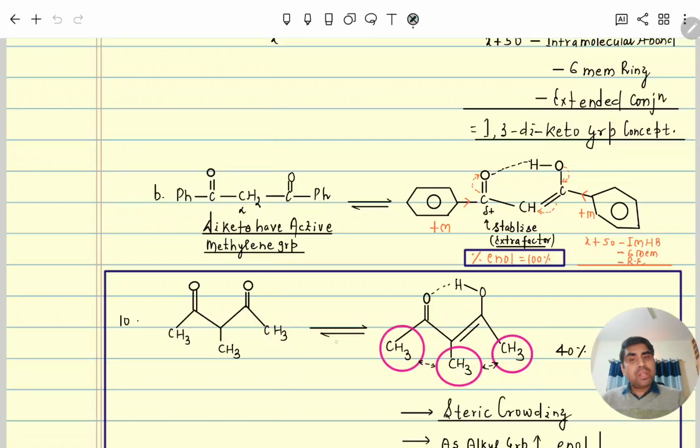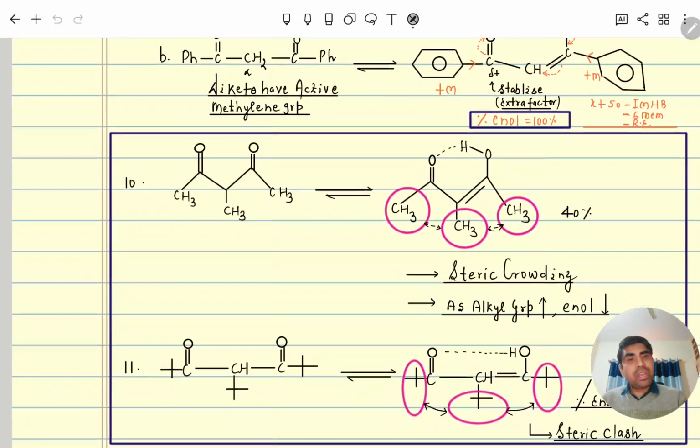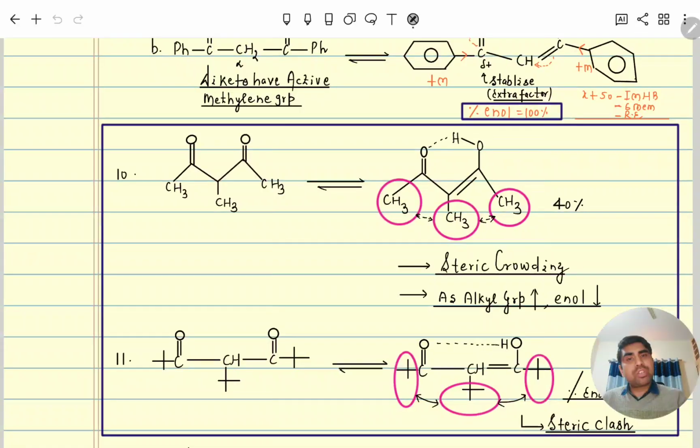Now coming to some special cases where the 1,3 diketo system will not show enol, meaning its enol percentage will be relatively less. Like here you can see this is a methyl group, and these are bulky, all three are bulky groups. Due to the bulky groups, its enol formation is relatively less because of steric crowding.